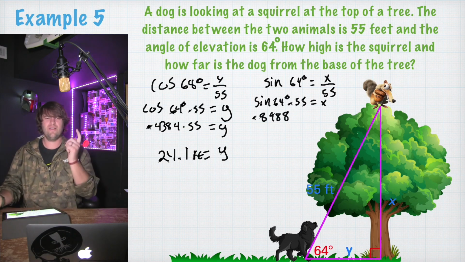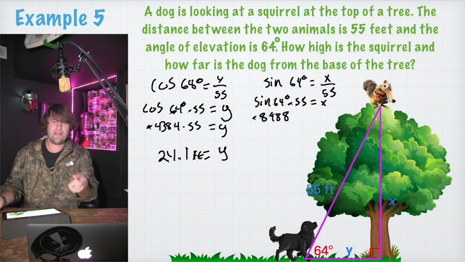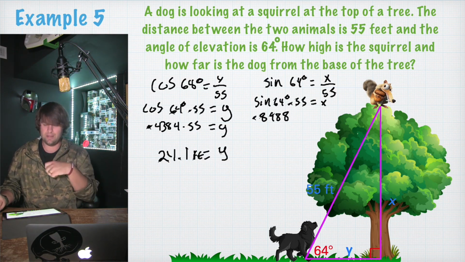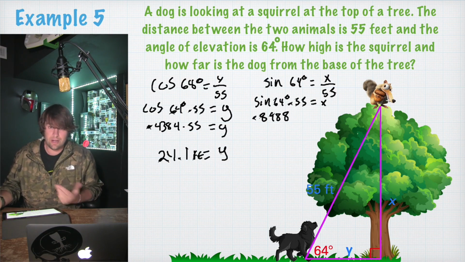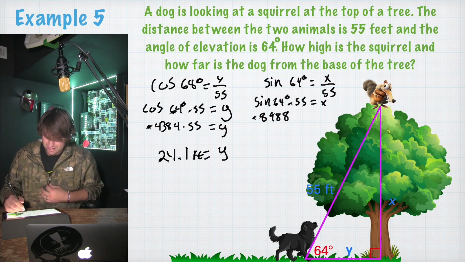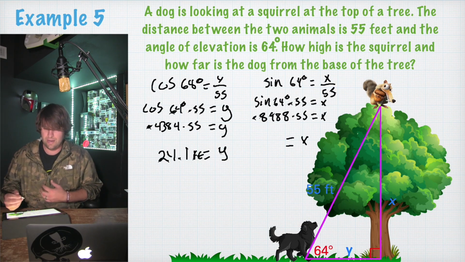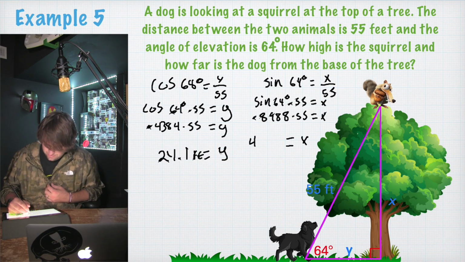And sorry, if you're watching this video for the first time today, go ahead and pop back to the last video I made, and you can see the trigonometric ratios chart I'm talking about. Or you could just look it up on Google. 0.8988 times 55 equals x. So x is going to equal about 49.4 feet.